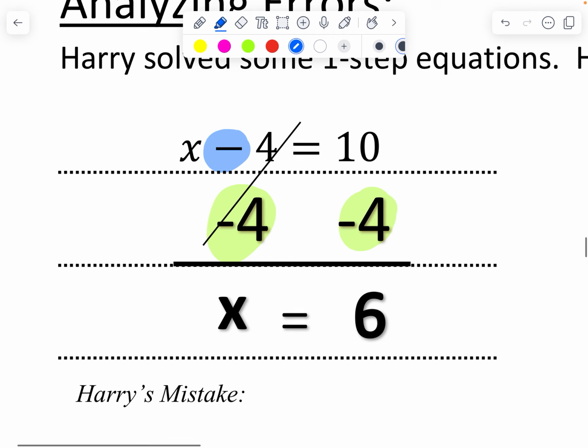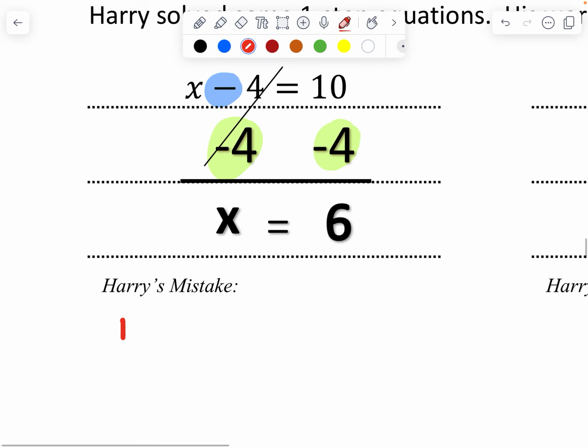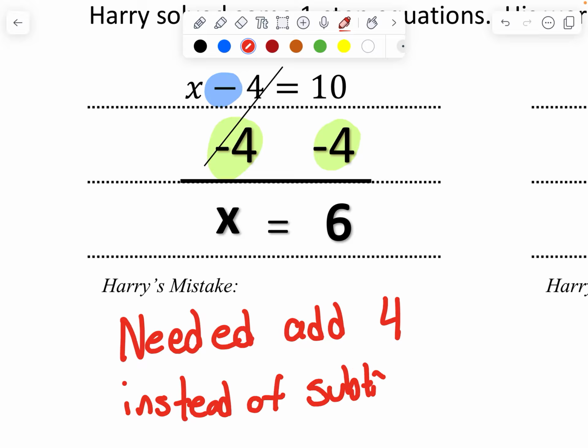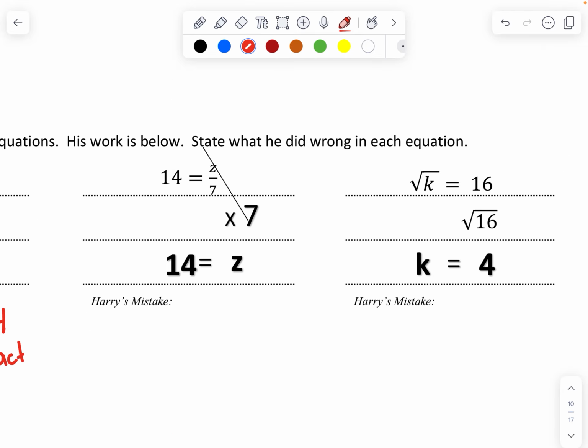To solve these, you have to do inverse operations. And so the mistake is that he needed to add instead of subtract. Go ahead and pause the video and try to figure out these next two.